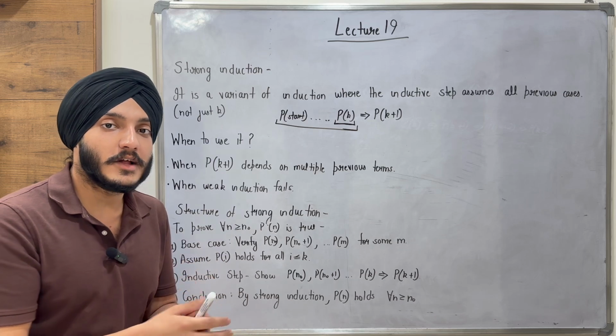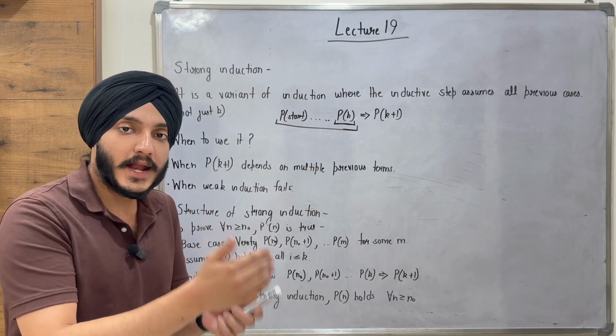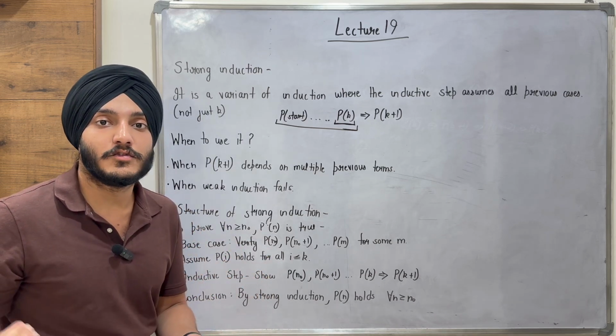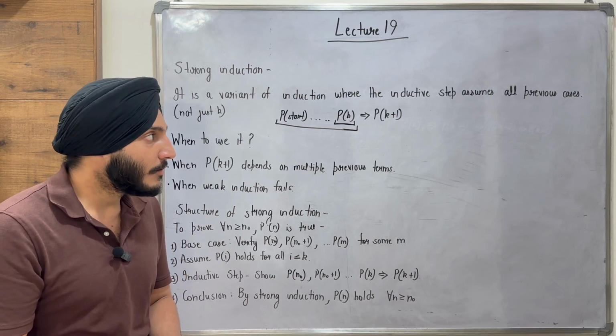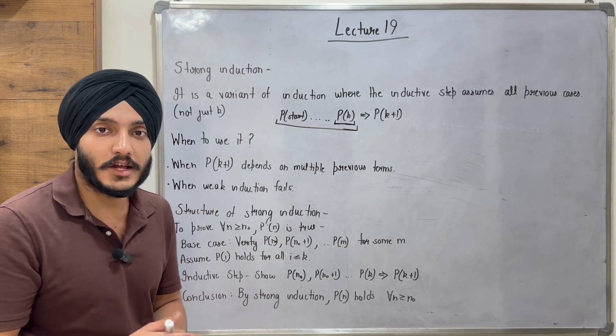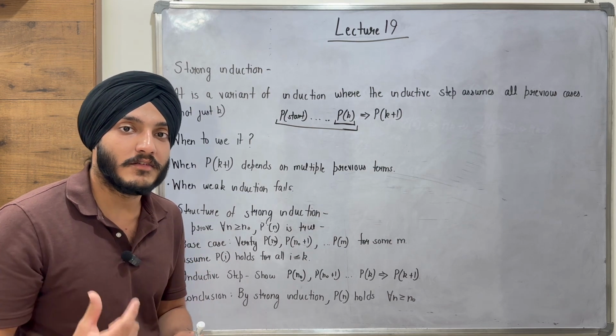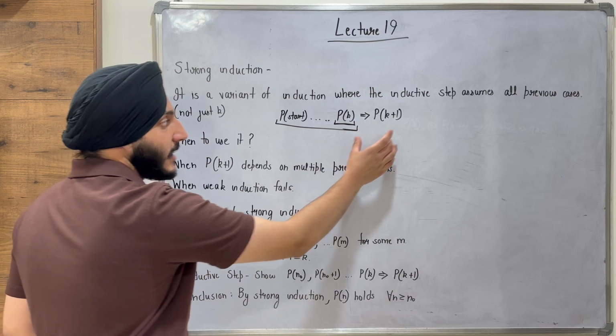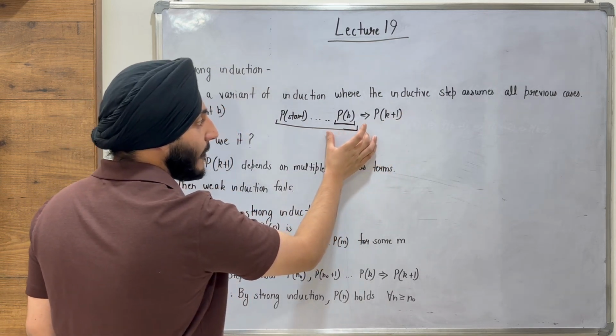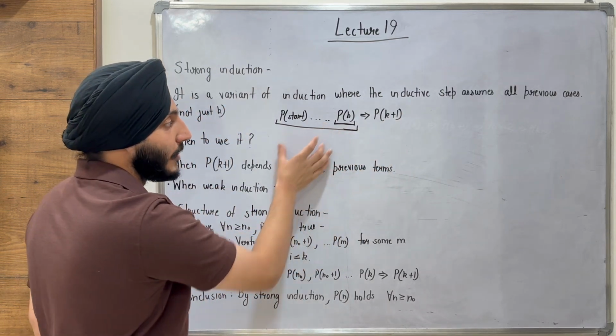What usually happens is that P of k plus 1 might depend on a few previous values for its answer. If you remember the Fibonacci sequence, you might understand what I'm trying to say. It depends on two previous values, and similarly P of k plus 1 depends on multiple previous values before it.